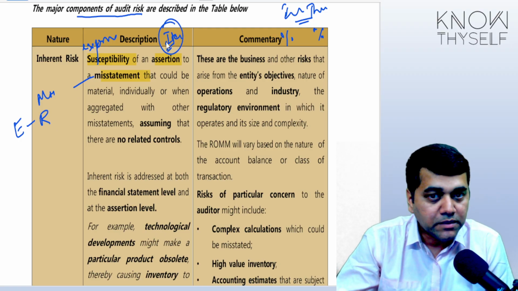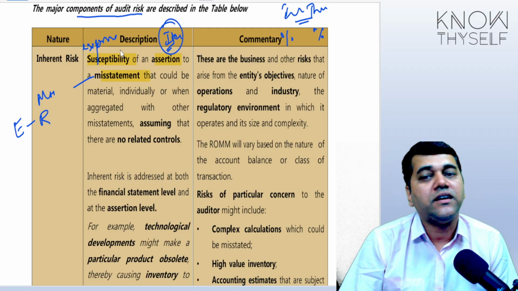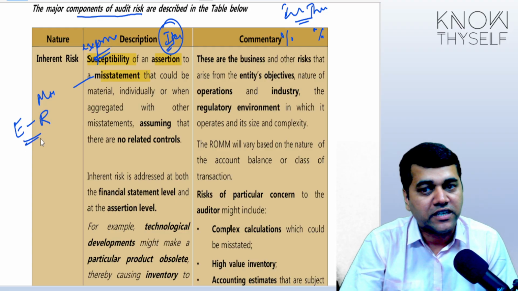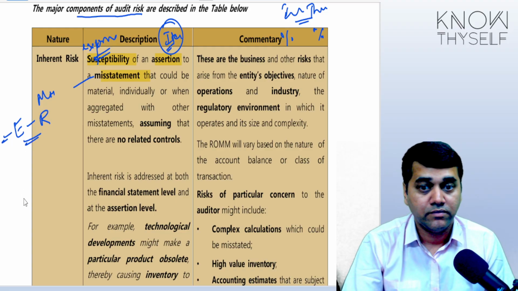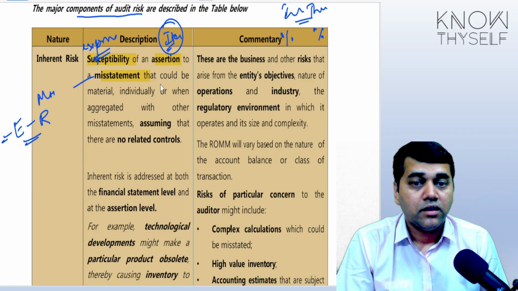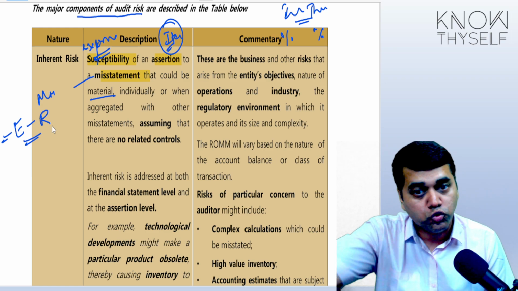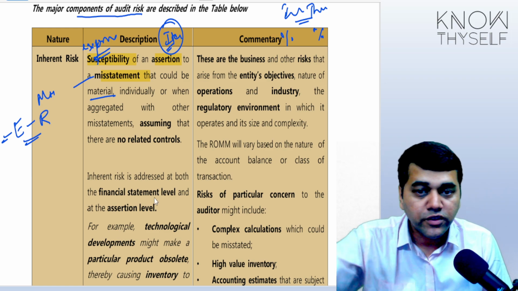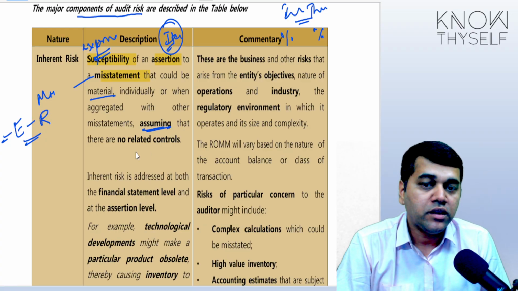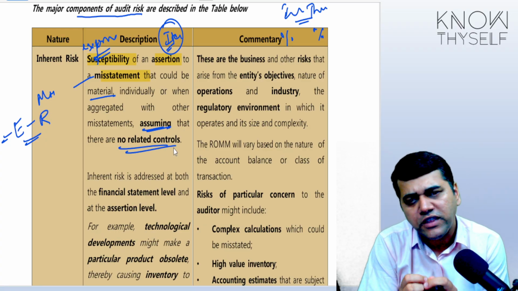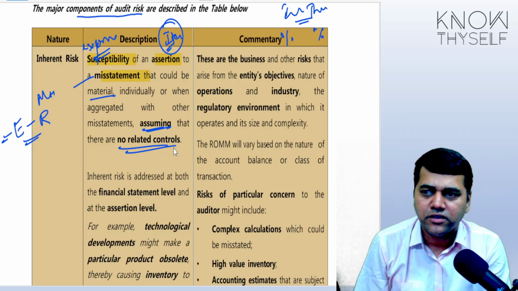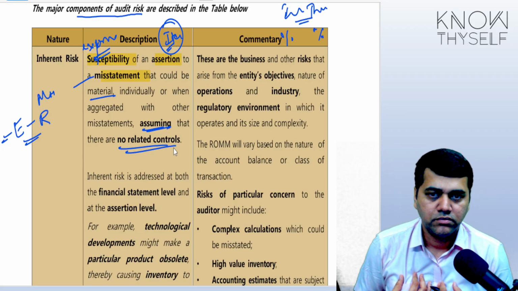So one item is inherently exposed to this mistake, that this gap is very high, which could be material. That means material misstatement. That means this gap is so big that it's going to influence somebody's decision, assuming there are no controls. Let us go with the basic assumption that there is some risk and that risk can eat me.